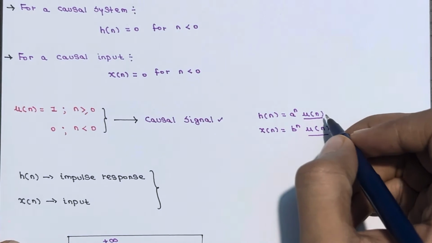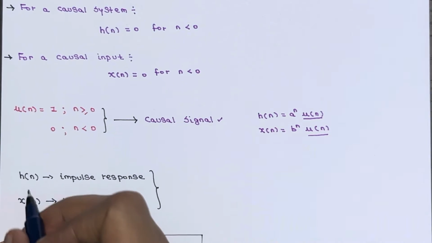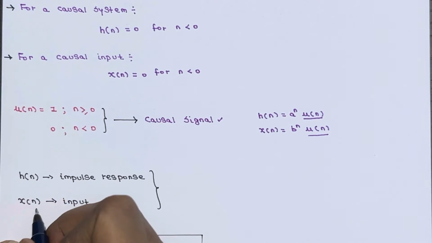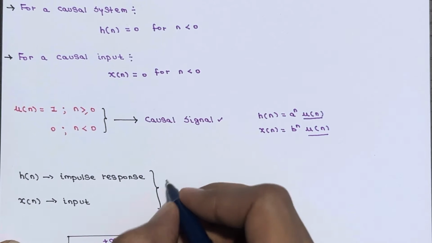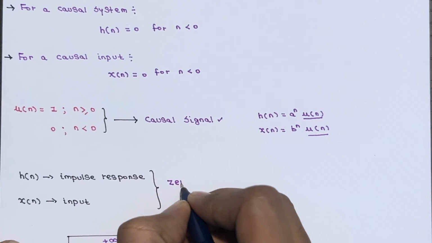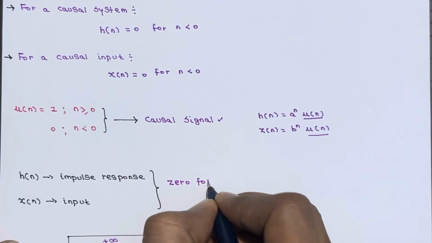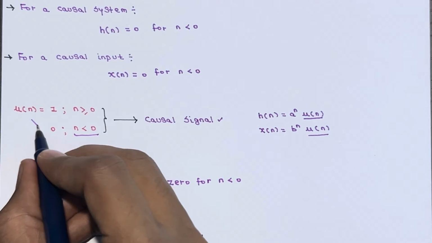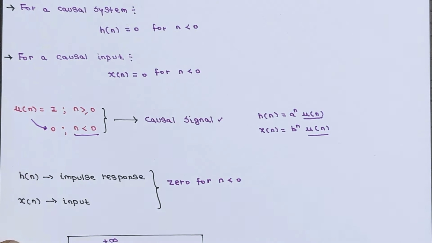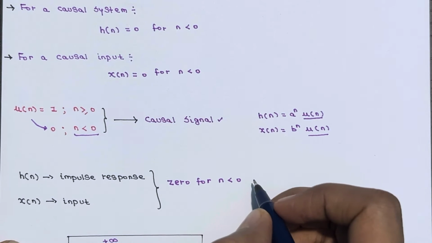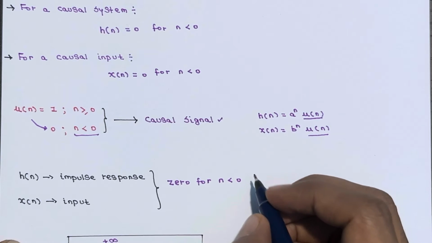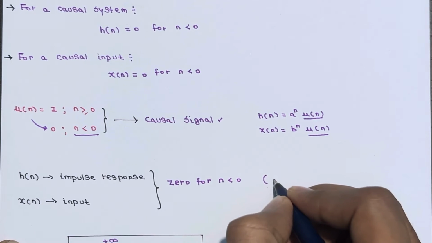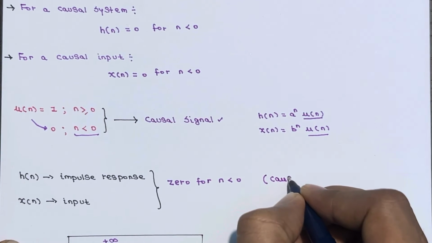So just because of this u of n, both h of n and x of n become 0 for n smaller than 0, because for n smaller than 0, u of n is 0. If this is the case, we can say that h of n and x of n are causal in nature.